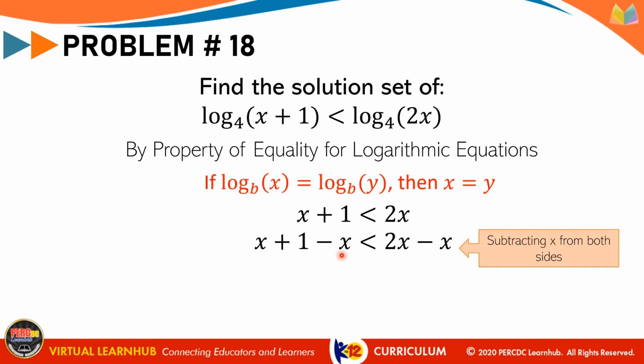So x minus x is 0, leaving us 1, and 2x minus x is x. Therefore, we will have 1 is less than x. Or in other words, it can be x is greater than 1 or from 1 to positive infinity.